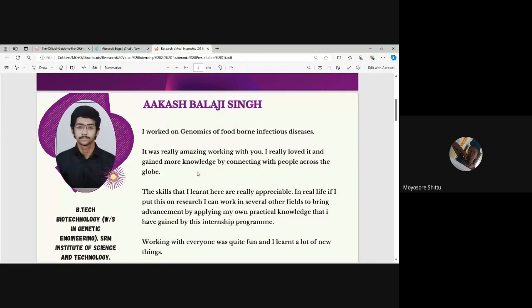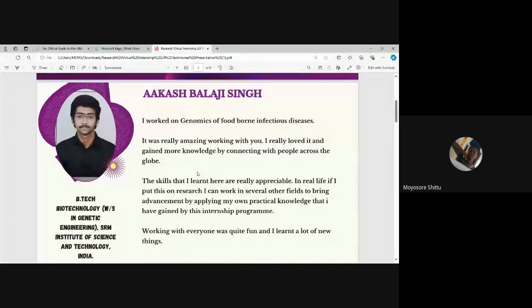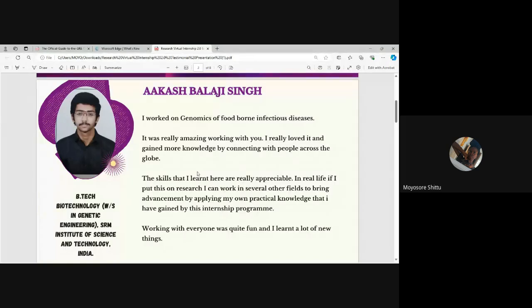First on the list, I have Mr. Akash Balajit Singh. He graduated from the Institute of Science and Technology in India with a BTech. He said, I worked on genomics of food, biome, infectious diseases. It was really amazing working with you. I really loved it and gained more knowledge by connecting with people across the globe.